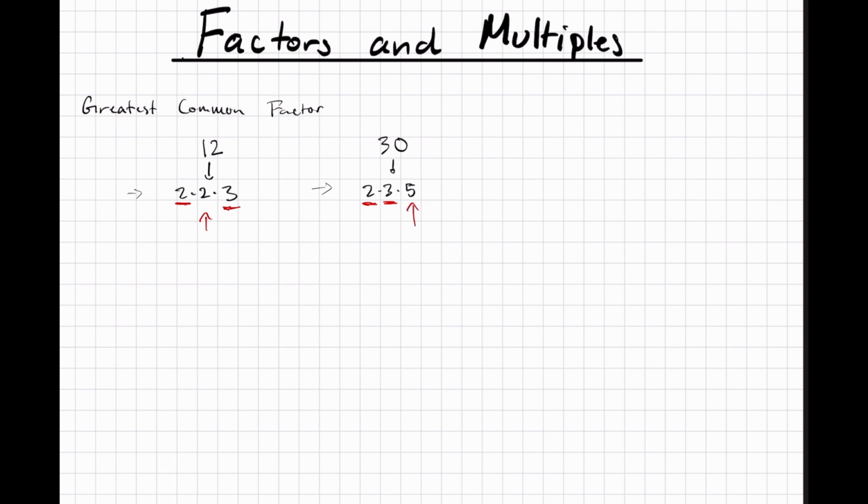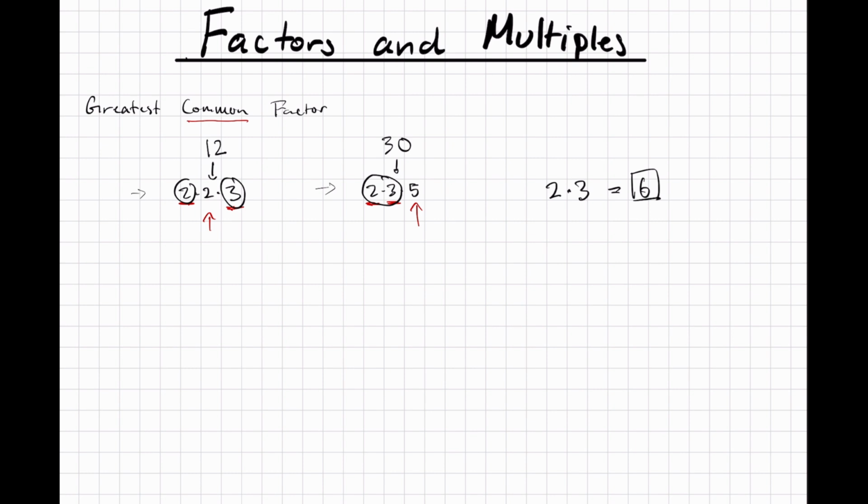But the common things are what we care about. It's called a greatest common factor. So in order to find our greatest common factor, we're just going to multiply all the common pieces together, all the common prime numbers, 2 times 3. So that's what was in common between 12 and 30. So 2 times 3 is just going to give us our greatest common factor of 6.